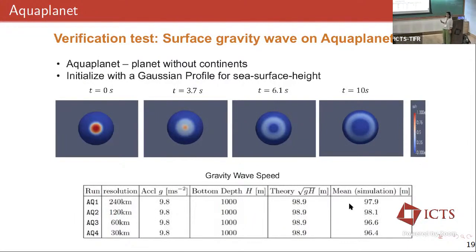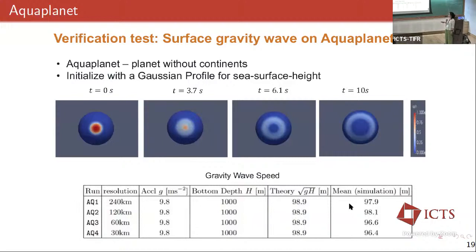Now you can calculate theoretically the speed of the gravity waves. If you write down the wave equation, the velocity comes out to be square root of gh, where h is the height of the ocean and g is gravity.